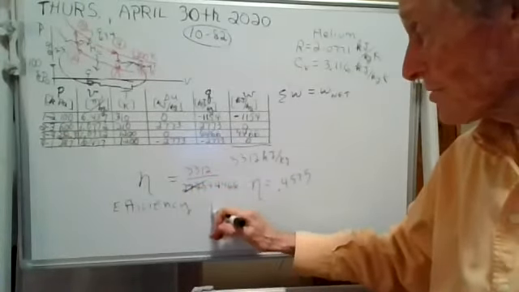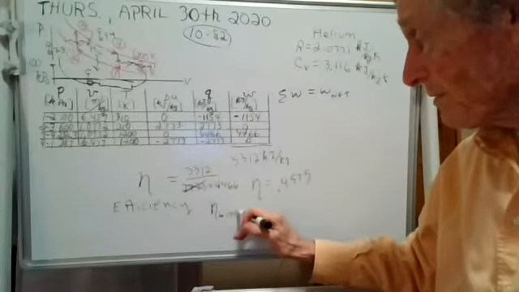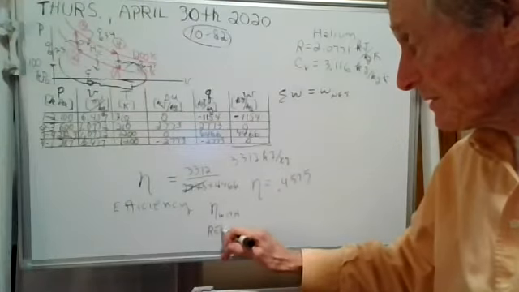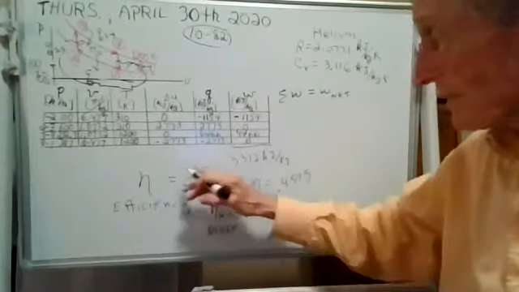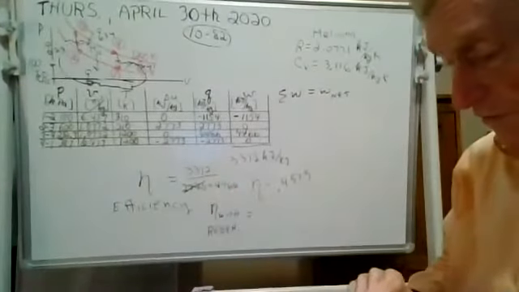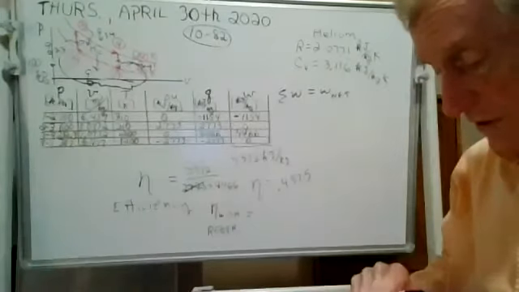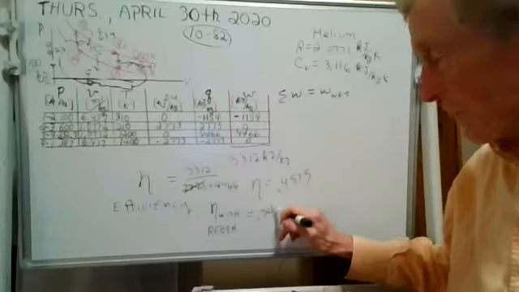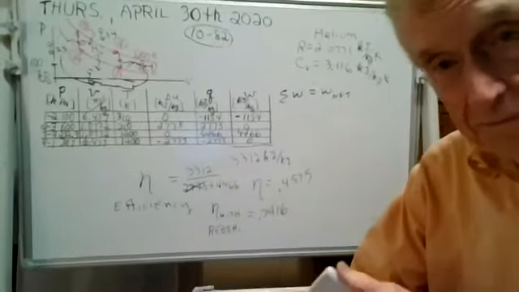And here's what you'll get. You'll get an efficiency with the regenerator equal to this, which is 3312 divided by 4466. It's much higher. It's 0.7416, 74%.